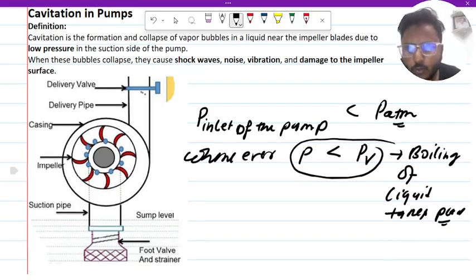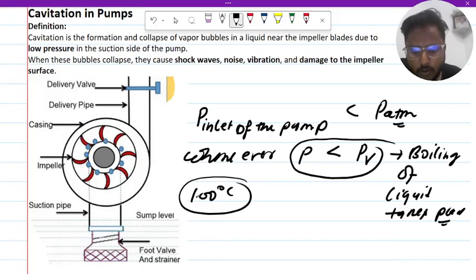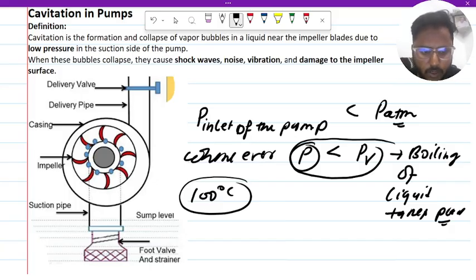Boiling of water at atmospheric pressure happens at 100 degrees Celsius. But if we increase or decrease the pressure, this boiling point can be changed. So if the pressure is lower than the vapor pressure of the liquid, then boiling will take place.